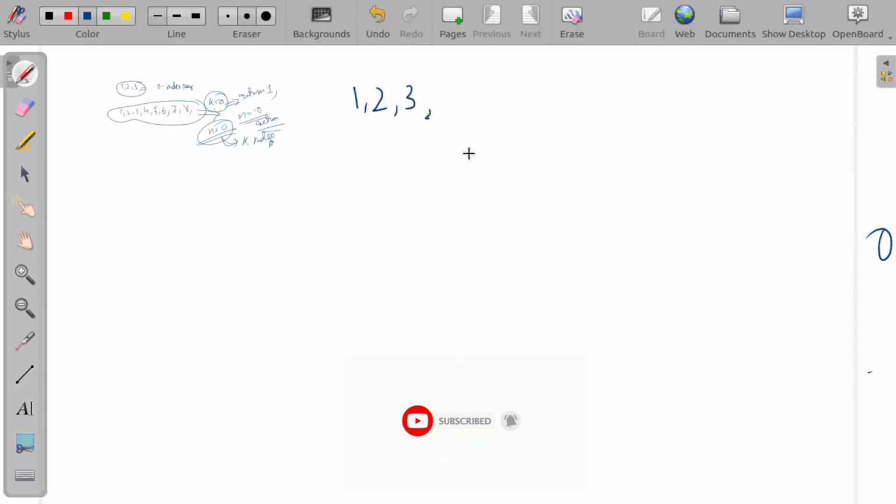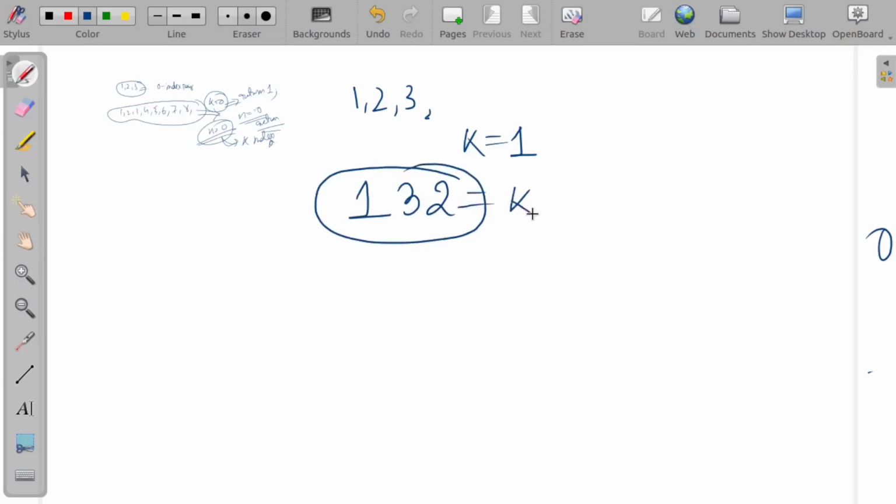In that case k equals 1: 1 3 2 is an array with 1 inverse pair.